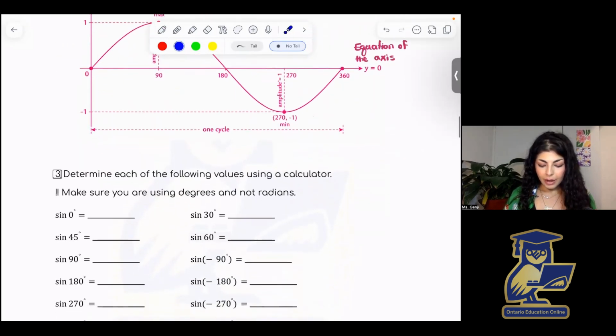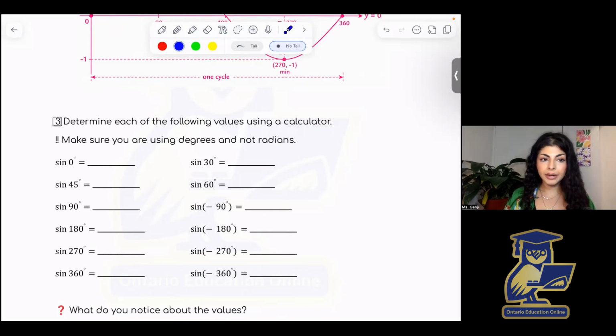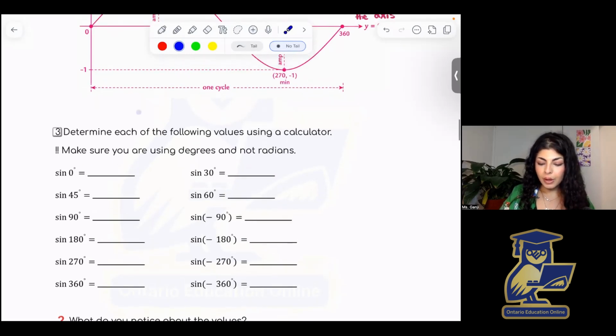And now we're going to see some of those values as well. So you bring out your calculator here. We're going to calculate some of these values. And these are some of our common trigonometric ratios for sine as well. So it is good to get familiarized with these. So of course, sine of 0 we know is equal to 0.